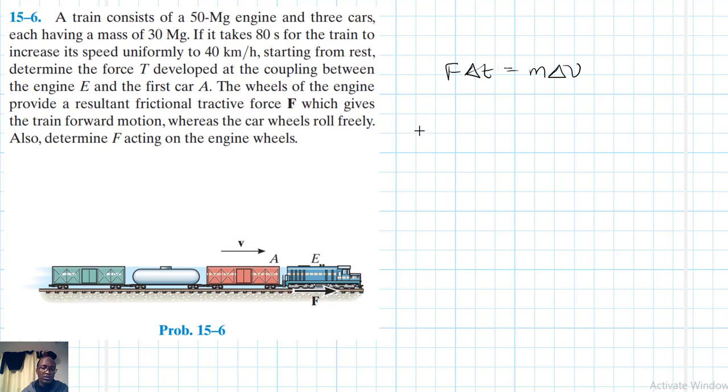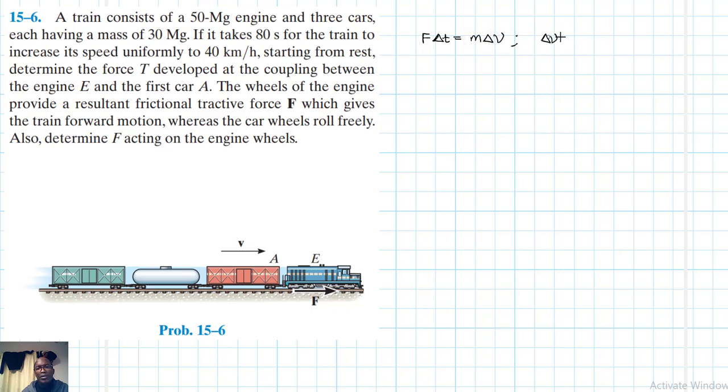And this is a vector quantity, and by that we mean it has direction and magnitude. The question is to determine the force F as well as the coupling force T. So F delta t equals m delta v.